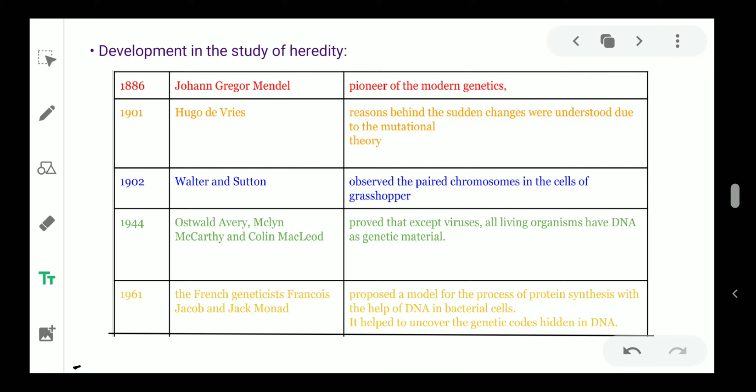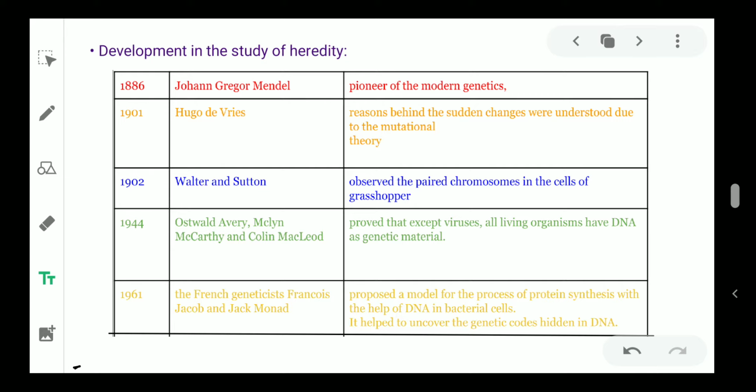So we studied the laws of inheritance last year, how he conducted the experiments by crossing pea plants having two contrasting characters. Okay, so we had studied about monohybrid cross and dihybrid cross.